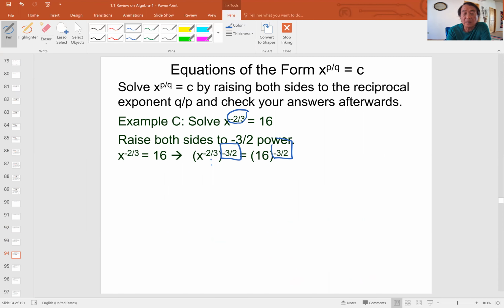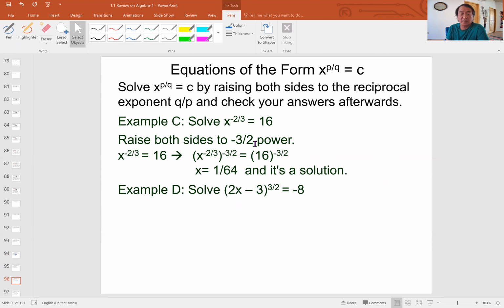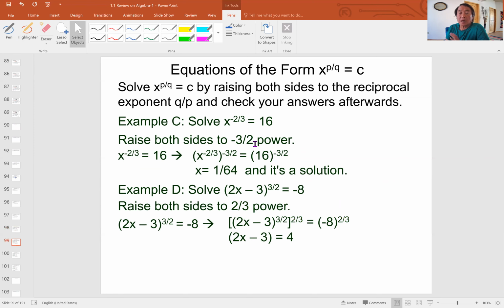Because when I raise a power to another power, I multiply, and this is going to give me x to the first power on the left-hand side. And the other side is symbolically what I have to calculate with 16, which is the square root and 164. And here's another example of that. So this is how we solve power equations.